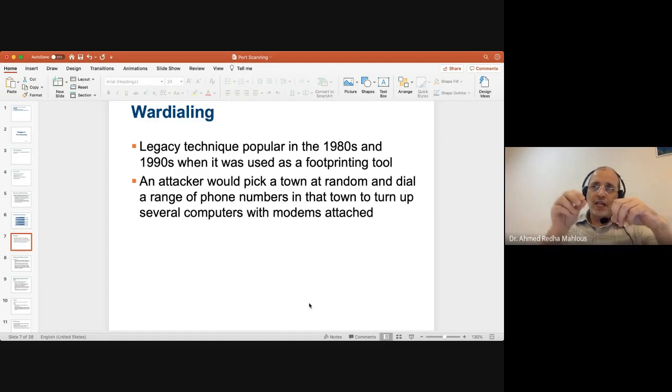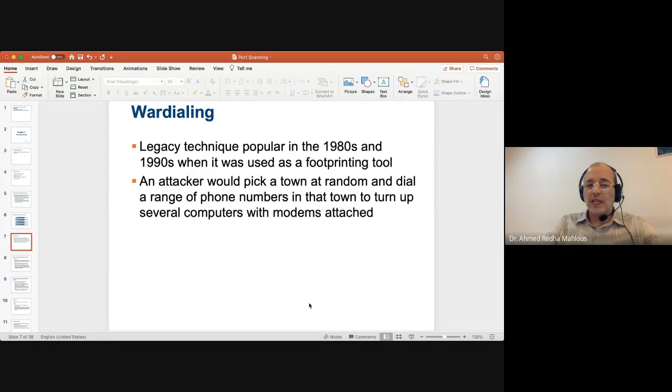That was a door for an outsider to get inside your computer through that modem. This type of attack is known as war dialing. Okay, Shabab?